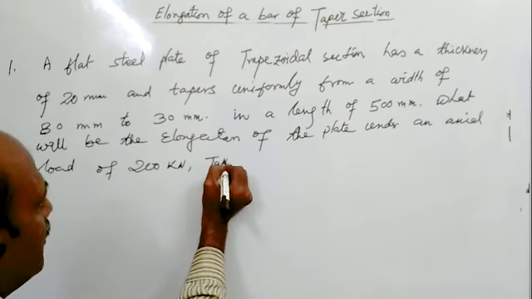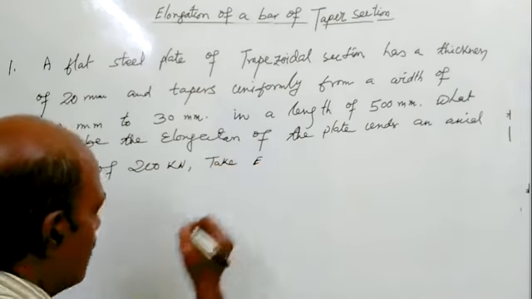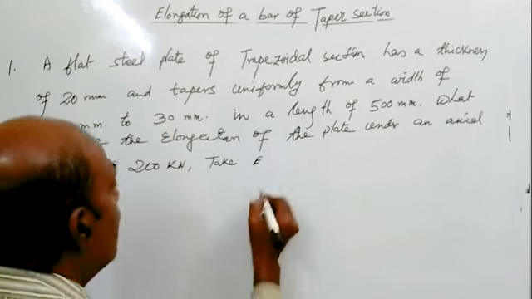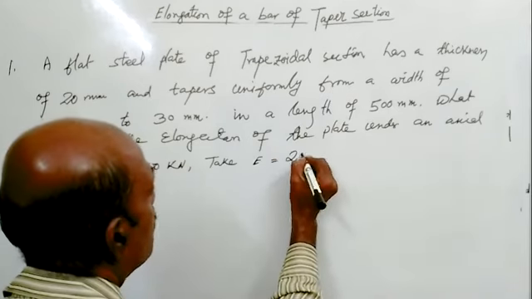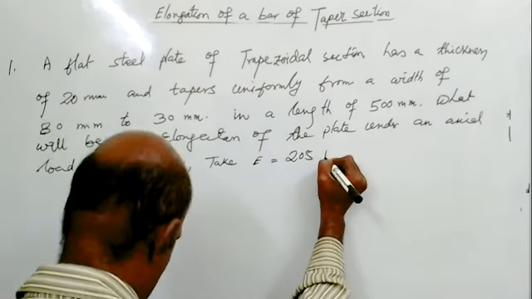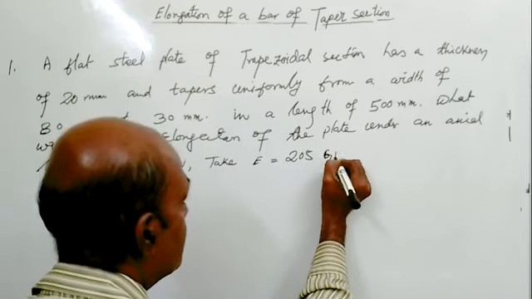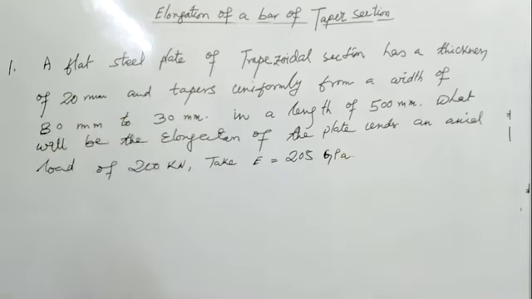Take E, the Young's modulus of elasticity of the material, as 205 gigapascal. So a flat steel plate of trapezoidal section.